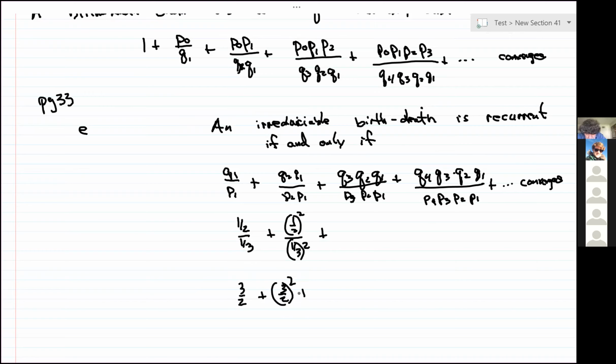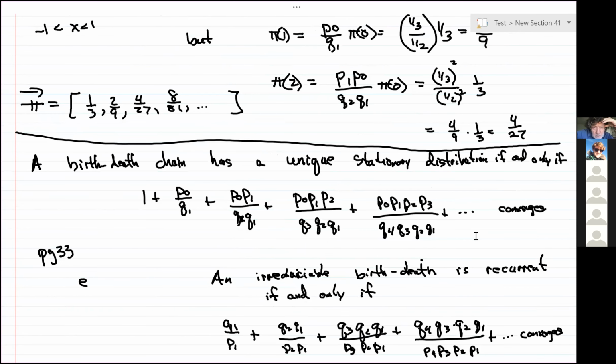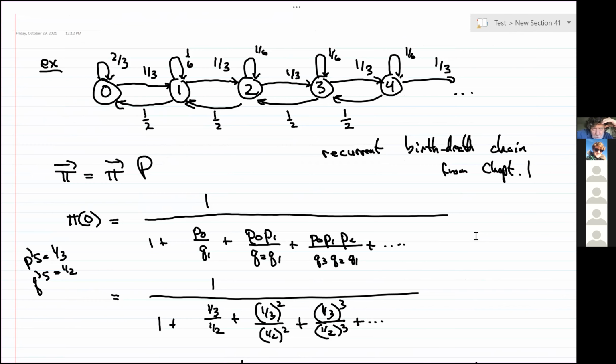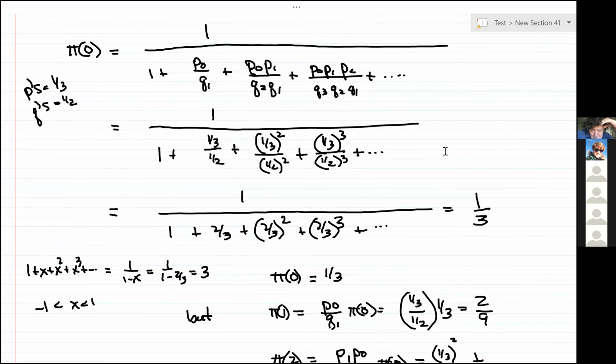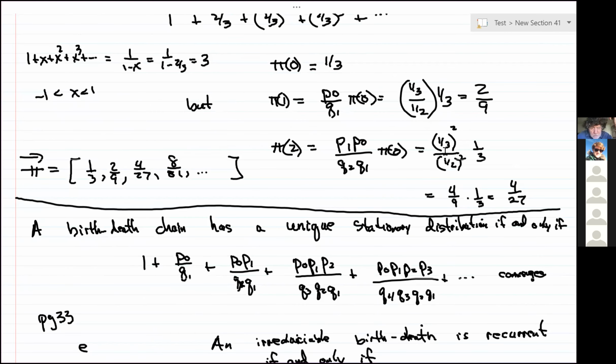What's confusing is this does not converge. So let's go back and see what's going on. My intuition is that this should be recurrent because it's being driven down to 0 more than driven away to infinity. So let me see what 68 is saying here. 68, which got erased.